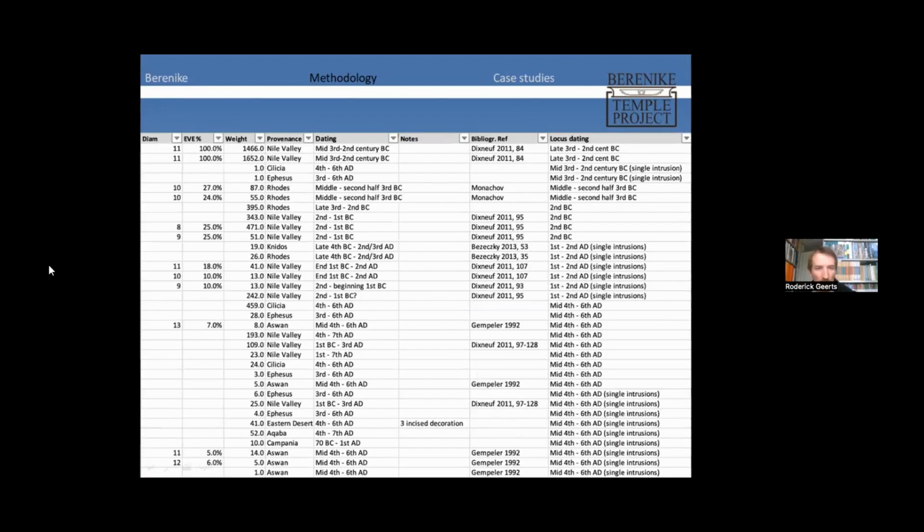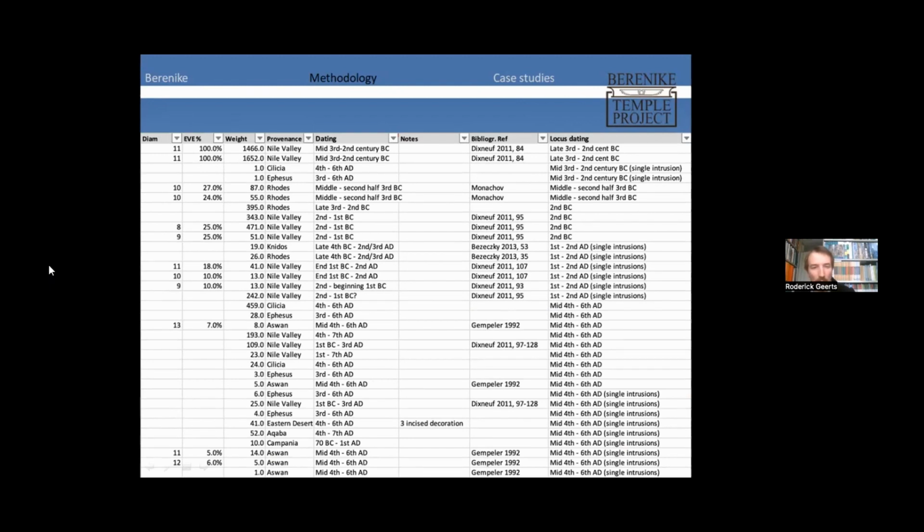What we also did, you see here on the next slide, is we measured diameters, we measured the EVEs in order to do further analysis between contexts or locations on the site. We weighed every record in the database. Furthermore, we dated the material based on just the specific type. And as you can see on the farthest right, the date of the entire context.